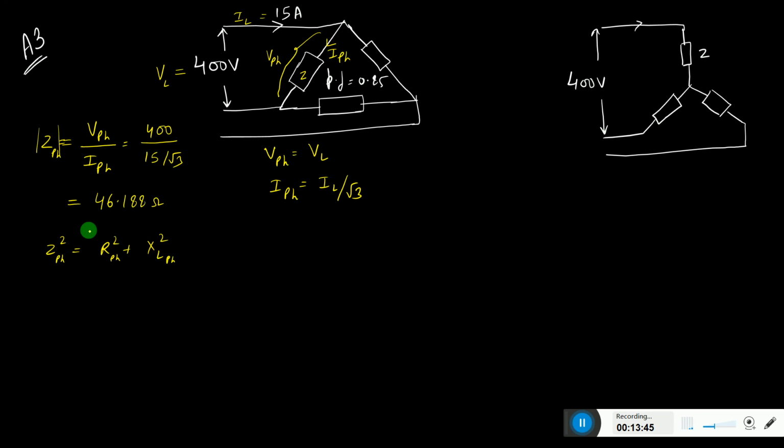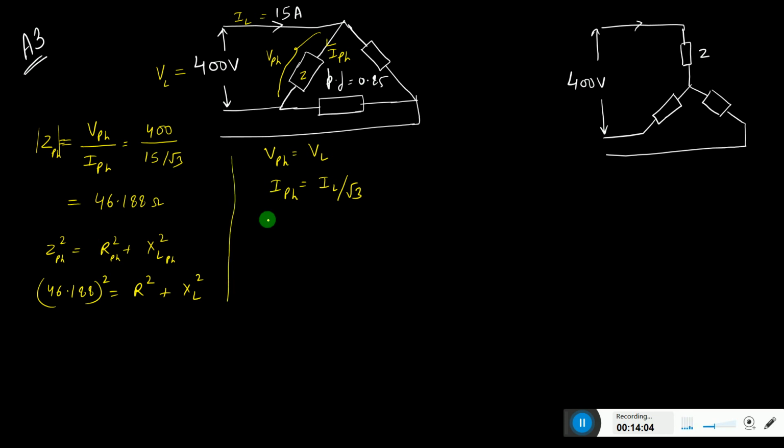So here we can write 46.118 whole square. R phase we do not know, XL we do not know. I am not writing this phase every time, let it be like this.